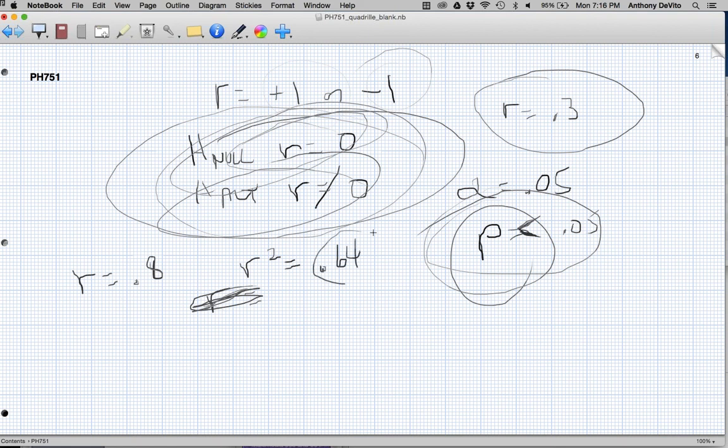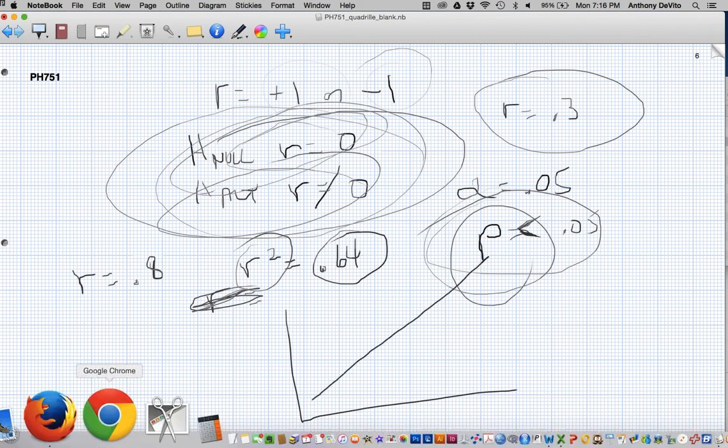What does that 0.64, that R squared, tell you about the association, about the errors that are going on there? What does it tell you about the association between one variable and the other variable? Let's say it's a positive association, positive regression. As one value goes up, the x goes up, the y goes up also.